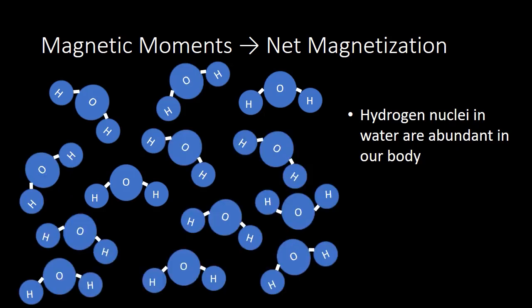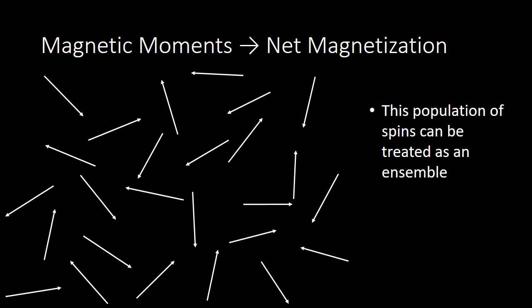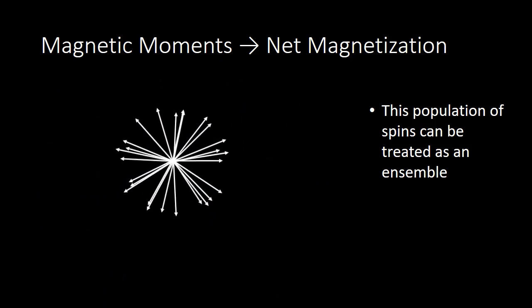In the body, of course, we have lots of water molecules, so this gives us lots of hydrogen nuclei to image. So we can think of all these water molecules as being made up of many spins. And in reality, they can be treated as an ensemble, so we don't need to consider each spin individually.